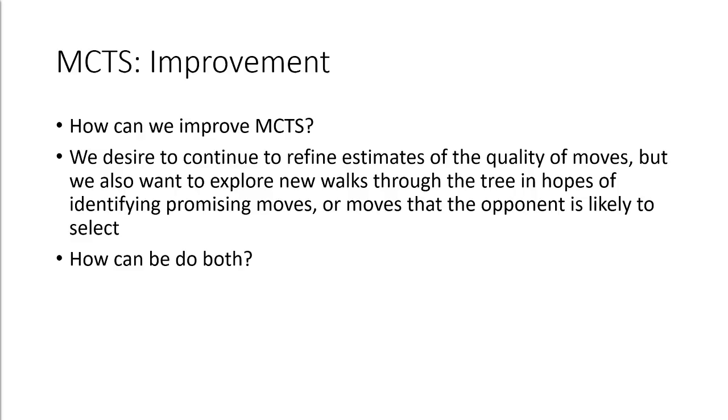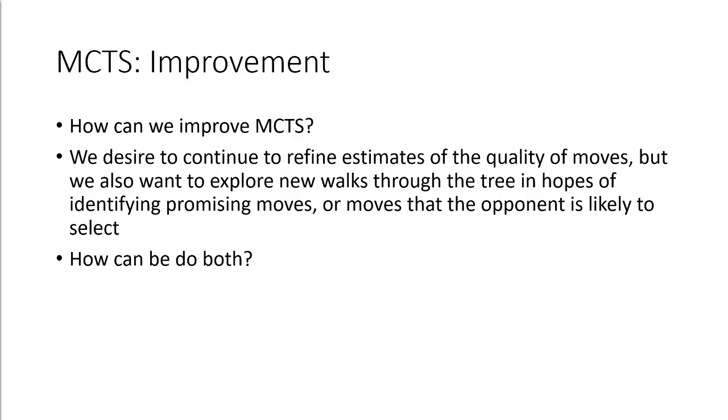So how can we improve on the Monte Carlo tree search? We want to continue to refine these estimates of the quality of the moves, but we also want to make sure that we're exploring these new paths through the tree.